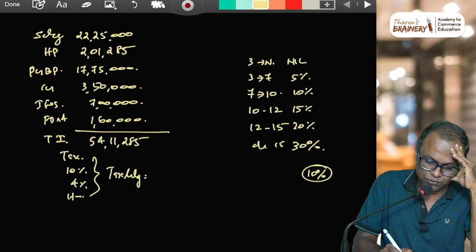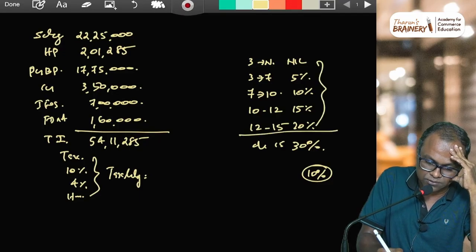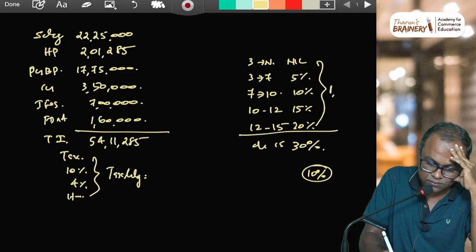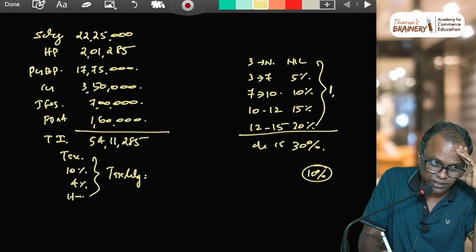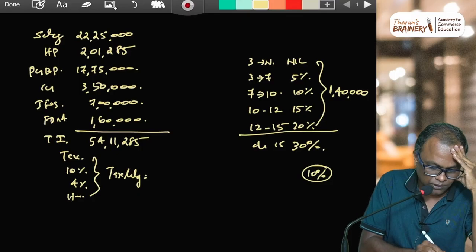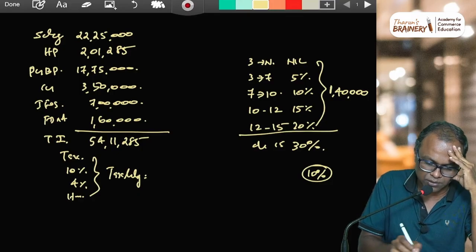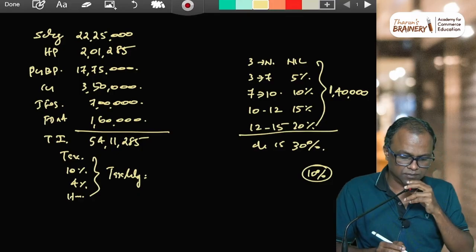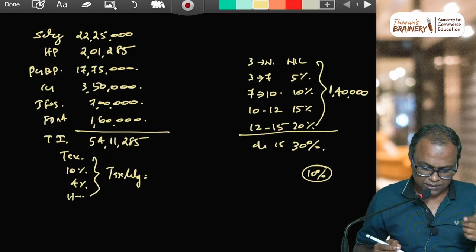See, up to 15 lakhs, what will be the tax? 1 lakh 40. Up to 15 lakhs, 1 lakh 40, right? So out of 54,11,285, the balance amount is taxed at 30%, right? And then 10% surcharge, then 4% cess.